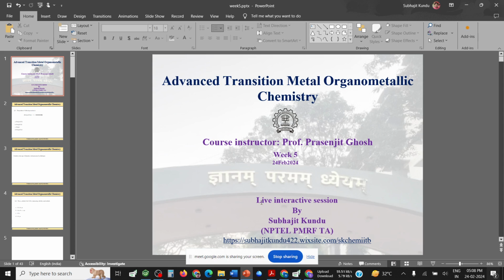As the course title suggests, advanced transition metal organometallic chemistry. From week 1 to week 5, we have discussed different types of ligand systems, starting with the 3 carbon system, the allyl system: allyl cation, anion, radical. Then the 4 carbon system, cyclobutadiene and butadiene, their bonding structure, reactivity, preparation, and molecular orbitals.